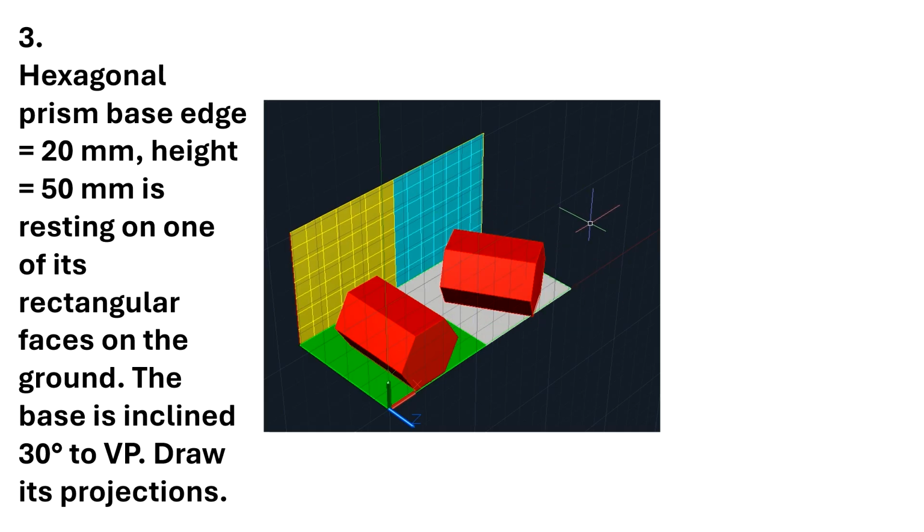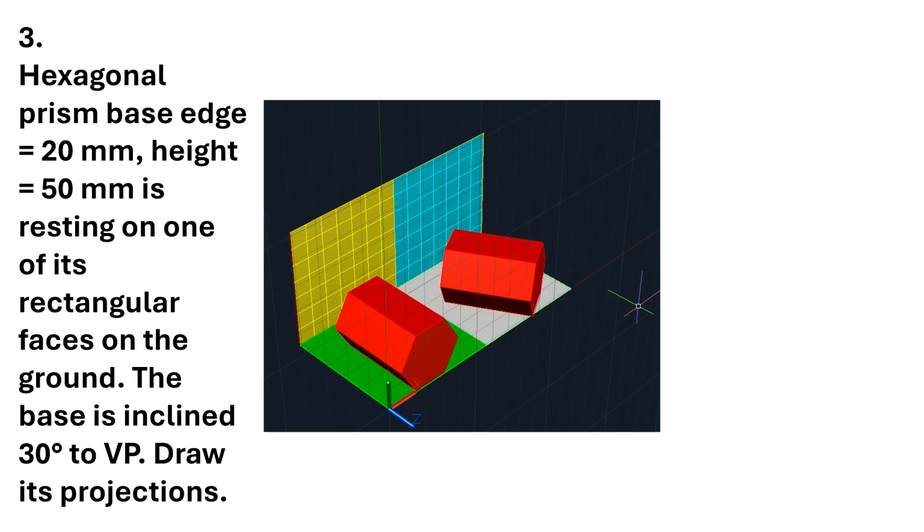So I need to make this solid into the simple position in the first step. To make the solid in the simple position, I need to first see which plane the base is parallel to. The base is parallel to the vertical plane. So first I will make the base parallel to the vertical plane, then I will get the simple position. So in the simple position I can easily draw the front view and top view.